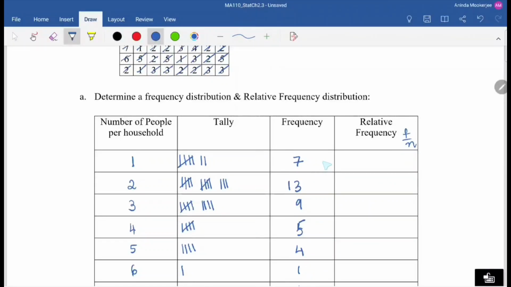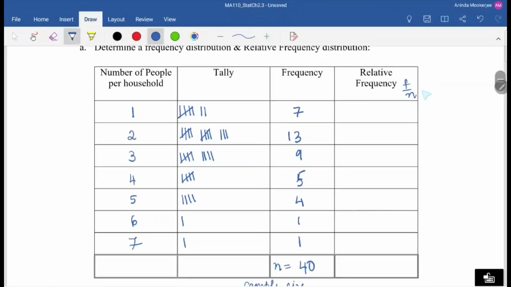So 7 over 40, n is 40, right? So it's whatever the frequency is divided by 40 in this case. So 7 over 40 is 0.175. You have to use your calculator for this.